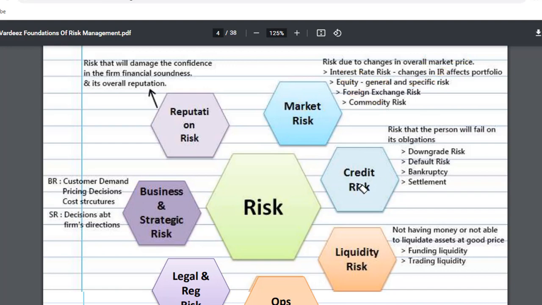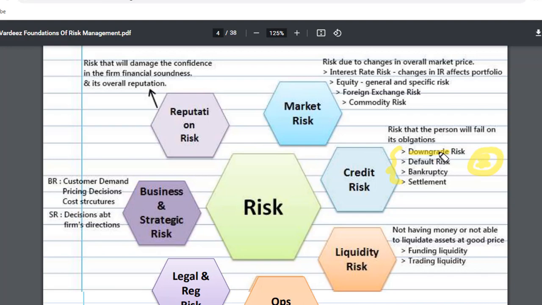Moving on, the next type is credit risk. The risk that a person will fail on its obligations. Let's take this one by one in order. Let's say there is an issuer who has issued bonds. First of all, what's going to be the red flag for this particular issuer? The first is the downgrade risk. He may face a downgrade of the ratings.